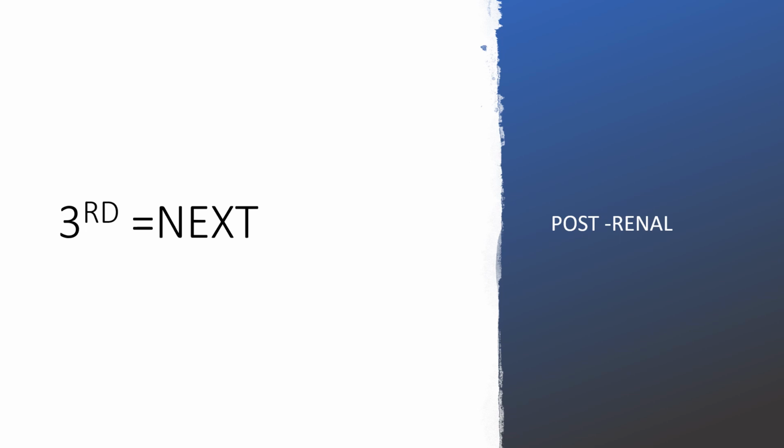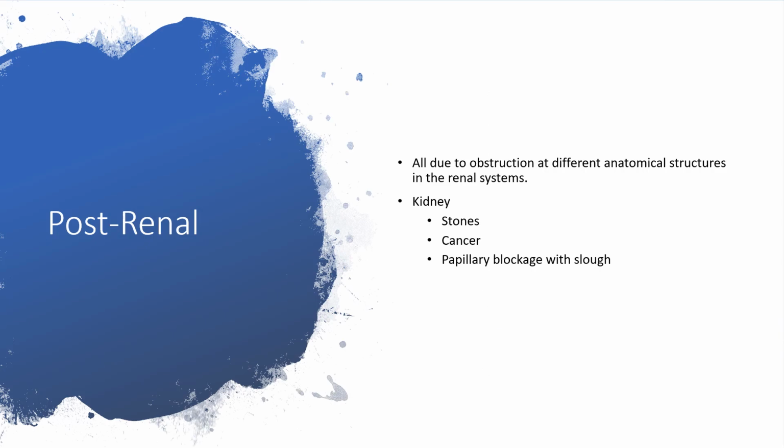Next will be third, and that will be about post-renal causes. In post-renal causes, all will be due to obstruction at different anatomical structures in the renal system. The first will be at the level of the kidney, caused by stones, cancer cells, or papillary blockage with slough.